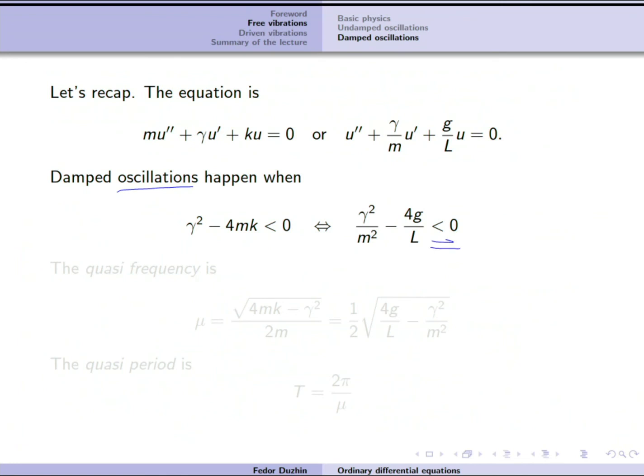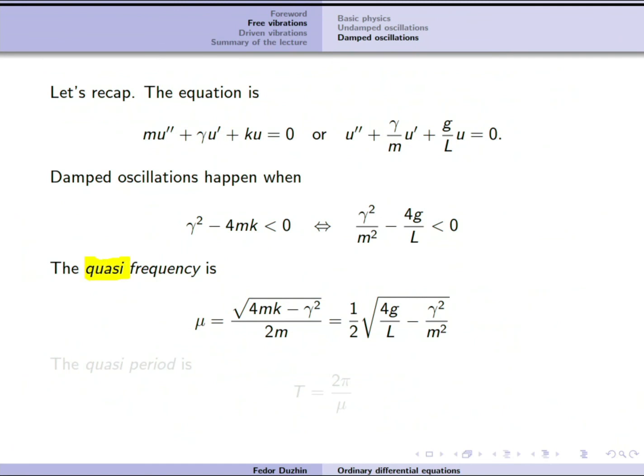But then the quasi-frequency, so remember that if you have a usual oscillation, then the frequency is the coefficient at t in sine and cosine. So here we also have sine and cosine, so why don't we call it also a frequency? But since it is not a true oscillation, we use the word quasi-frequency. So notice that the difference of quasi-frequency and just the frequency is that if we didn't have damping, then we wouldn't have this term.